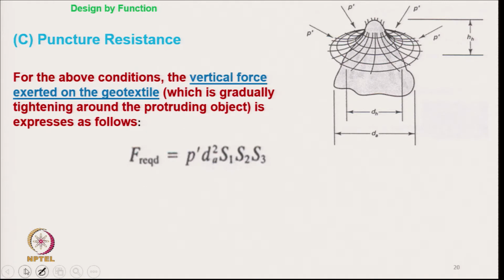So, whatever conditions we have discussed, this vertical force is exerted on the geotextile which is gradually tightening around the protruding object. So, there is some object vertically moving upward and the geotextile is getting tightened due to the pressure applied from the top and the damage occurs.